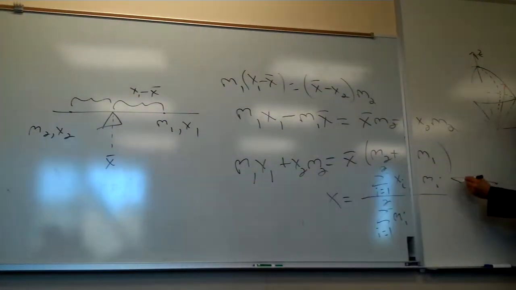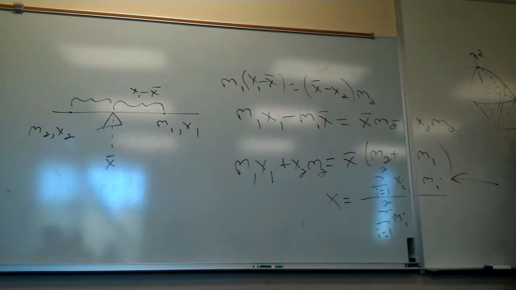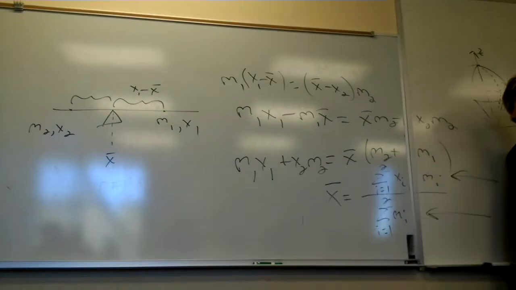I sometimes think of the numerator as the moment with respect to the origin, and the denominator as the total mass of my particles. That gives me my balancing position.